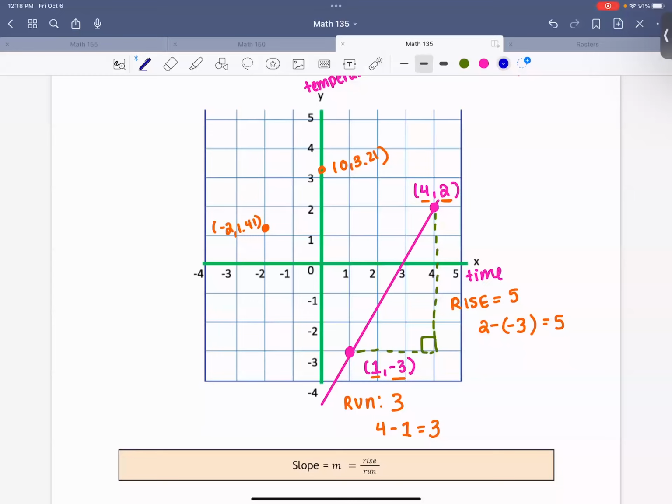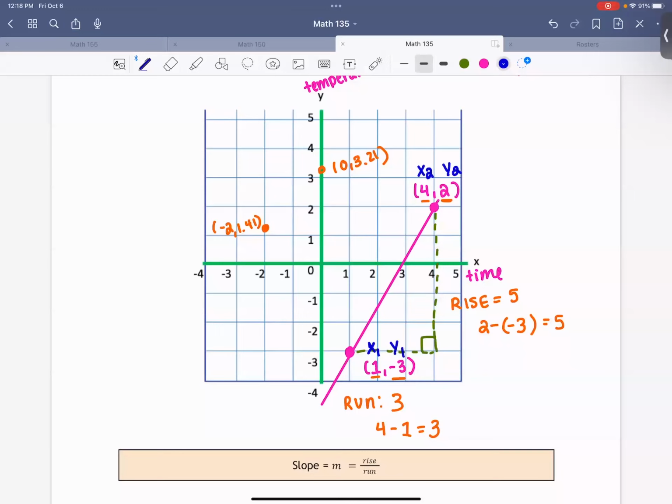How about I do this? I'm going to label each of my points. Let's make 1, -3, x1 and y1. Is it arbitrary? It's arbitrary, yeah, and we'll talk about what happens when we swap them. 4 will be x2, 2 will be y2.